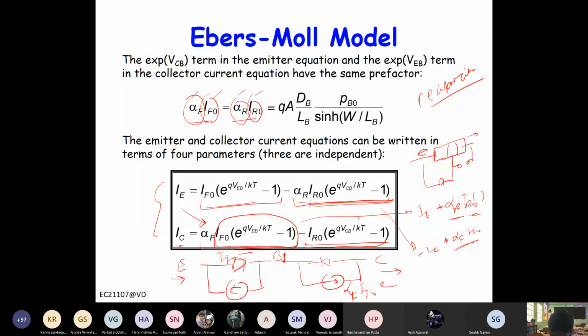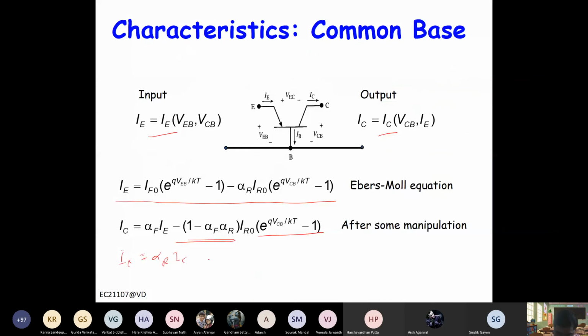So you will have a similar expression: 1 minus alpha F alpha R times IF naught exponential QVEB by KT minus 1, right? So you have the same expression here, and it's alpha R IC here, correct?